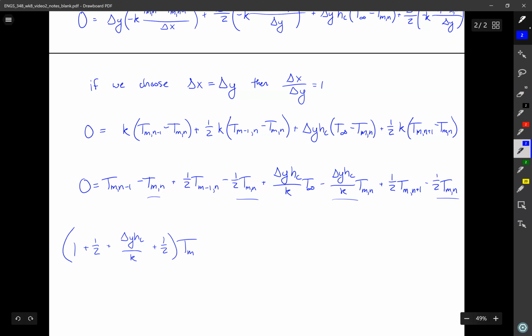So those are all our T_mn coefficients. That equals T_m,n-1 plus 1/2 T_m-1,n plus 1/2 T_m,n+1 plus delta Y h_c over k T infinity.